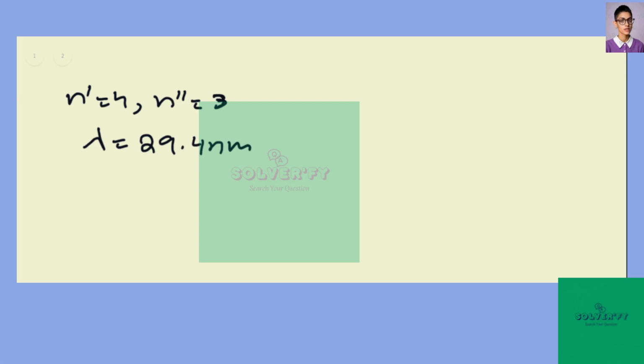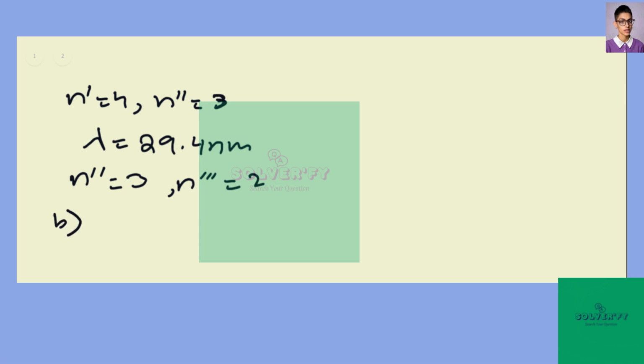And once it is in n'' equal to 3, it might fall to n''' equal to 2, emitting another photon. Calculating in this way all the possible photons emitted during the de-excitation of this system, we obtain the following results.